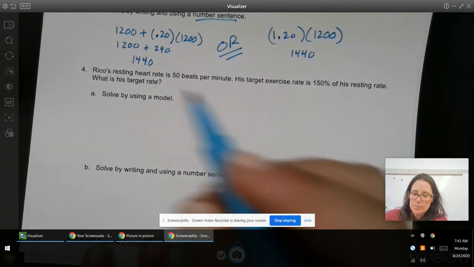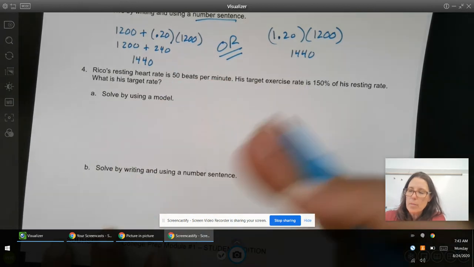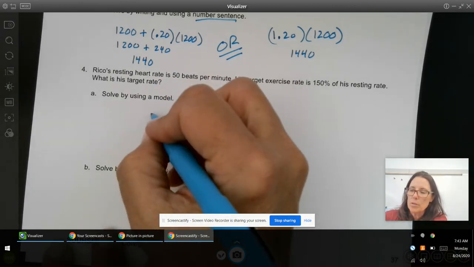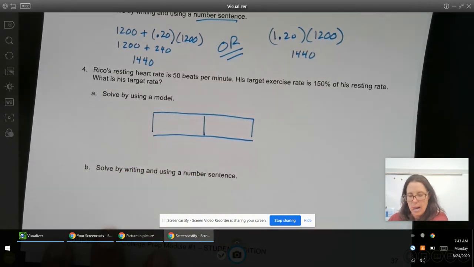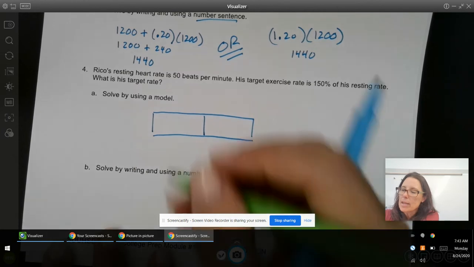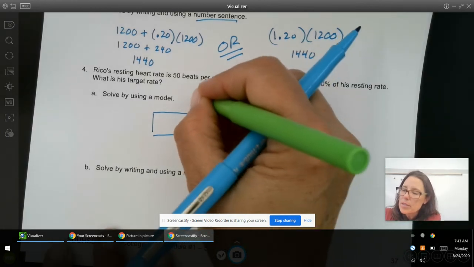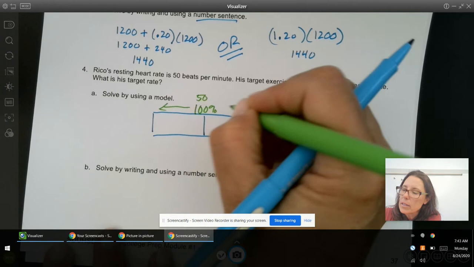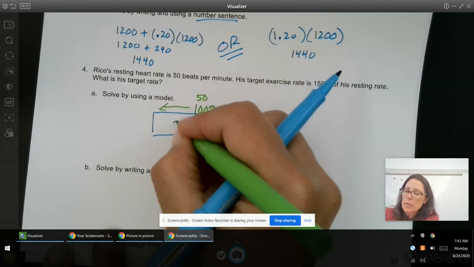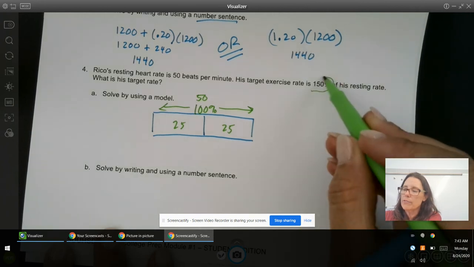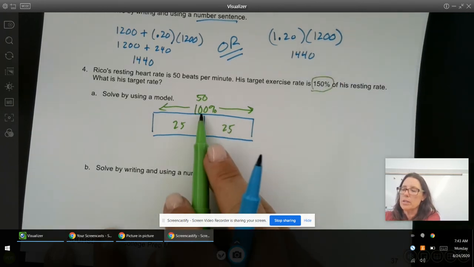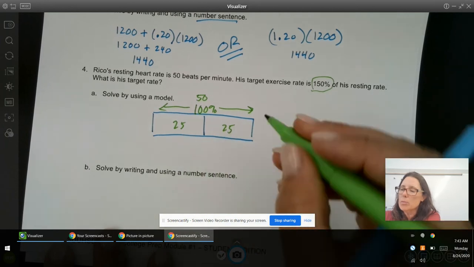We need to think about 50%. We've got a bar model. 100% is this 50 beats per minute. So that would be a magic number of 25 in each of these boxes. Now if we're trying to do 150% and we have 100%, wouldn't we add on one of these boxes?